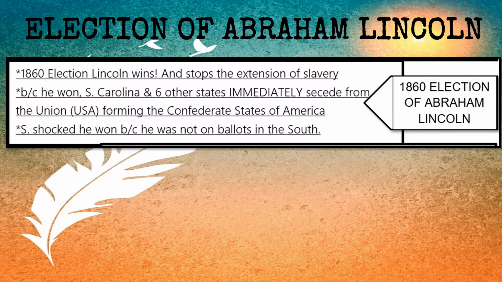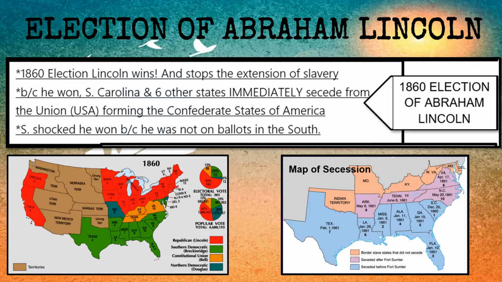Our next cause is the election of Abraham Lincoln. He ran for the presidency as a Republican, and in 1860 he wins. And he does manage to stop the extension of slavery. Now here's where it gets kind of controversial. Because he wins, South Carolina and 6 other states secede immediately from the Union.